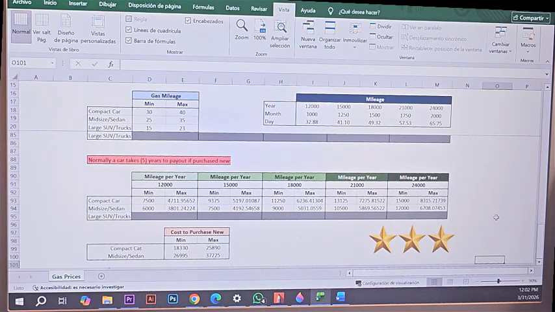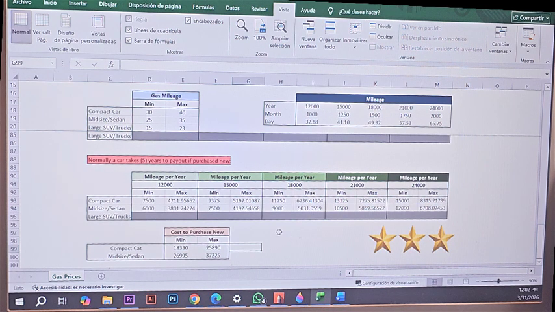If you were to purchase a new compact car and a midsize sedan, roughly the compact car costs between $18,300 and $25,890, and the midsize sedan costs between roughly $26,995 and $225.